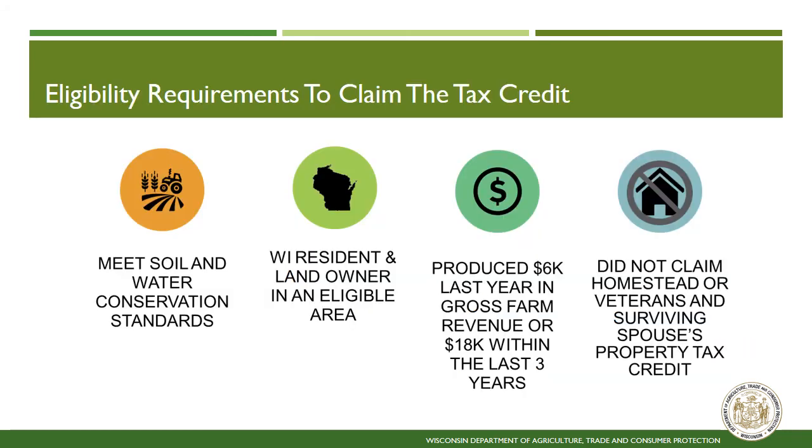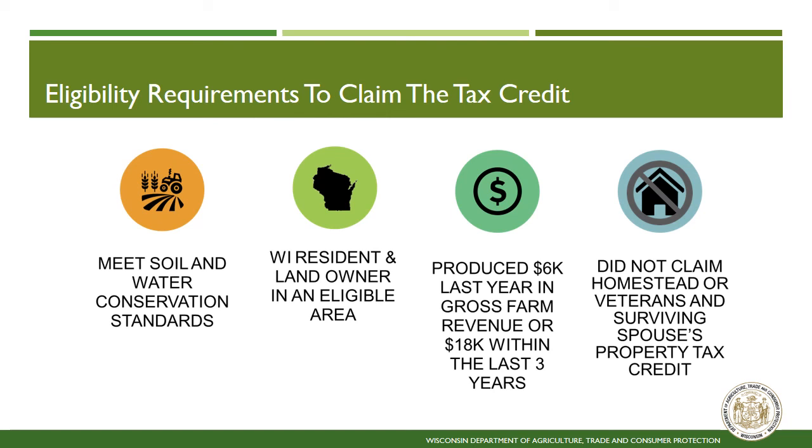In order to claim the Farmland Preservation Tax Credit, you must meet all of the following eligibility requirements. First, you must meet state soil and water conservation standards and receive a certification of compliance with your local land and water conservation department. Next, you must be a Wisconsin resident or an entity organized under Wisconsin law and be the owner of the land within an eligible area.